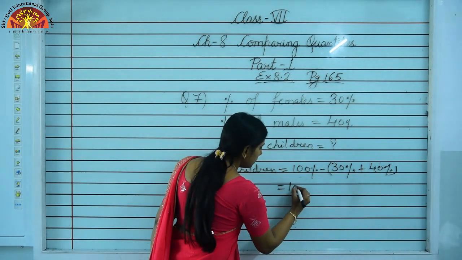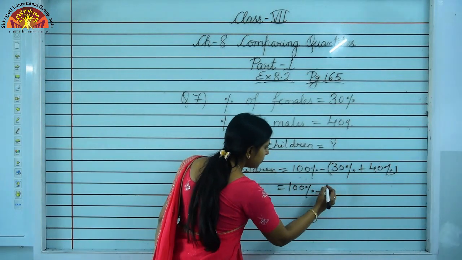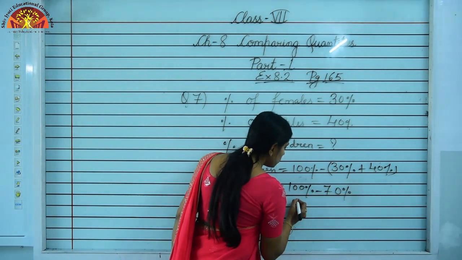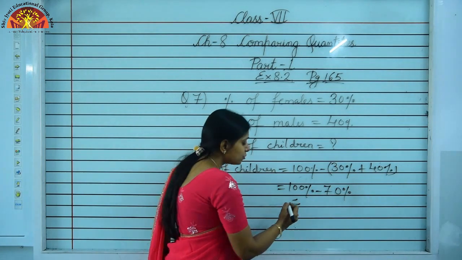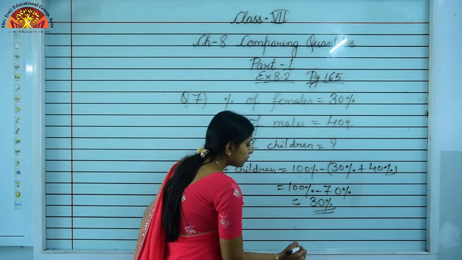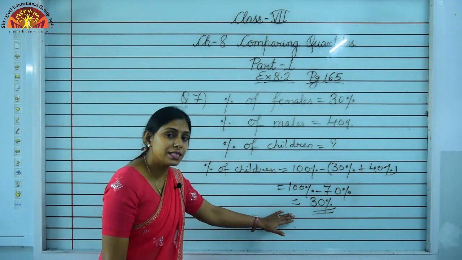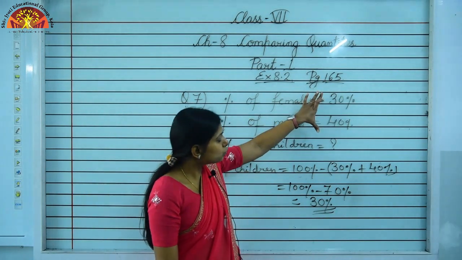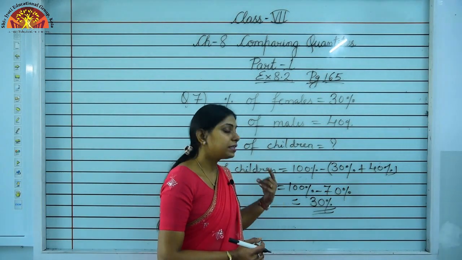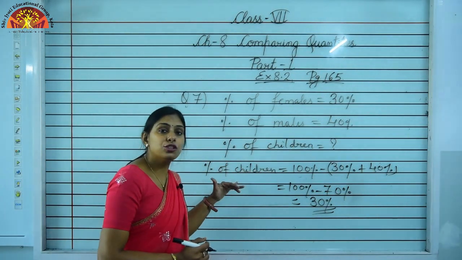So 100% minus (30 plus 40), it is 70%. So 100% minus 70% comes to 30%. So the percentage of children is 30%. Is it clear? Whatever we total, you will just subtract it from 100%, which will give you the percentage of children.